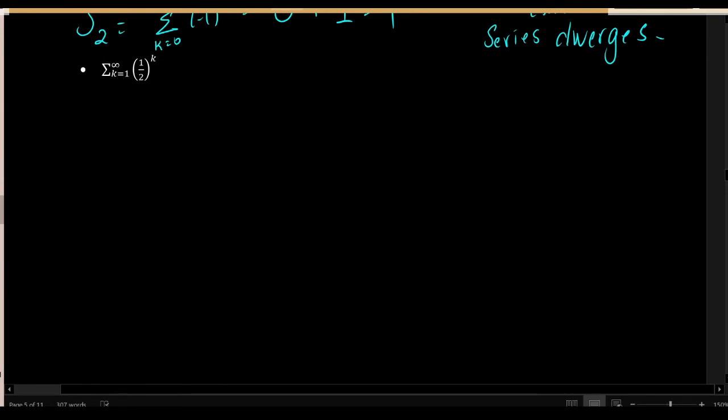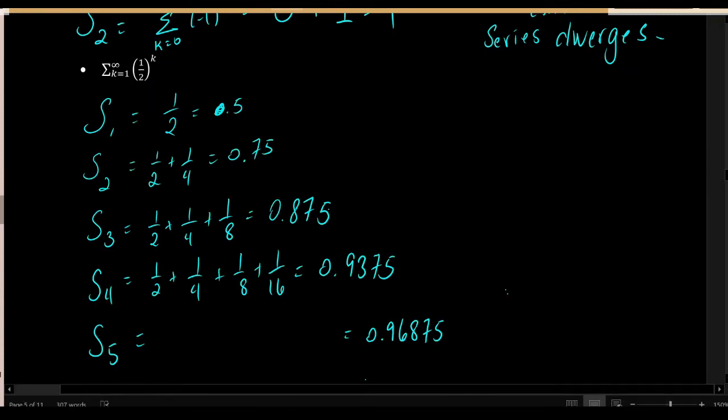Let's consider this series. We have the sum as k goes from 1 to infinity of 1/2 to the power k. So in my spare time, I've gone ahead and calculated the first 5 partial sums for this particular series. When s has a subscript of 1, for example, and I'm summing as k goes from 1 to 1, then I just get 1/2 to the power 1, which is equal to 0.5.